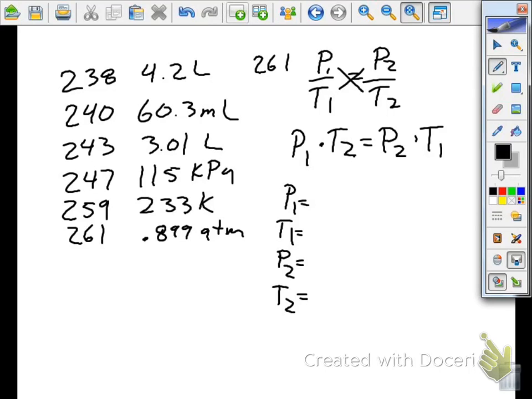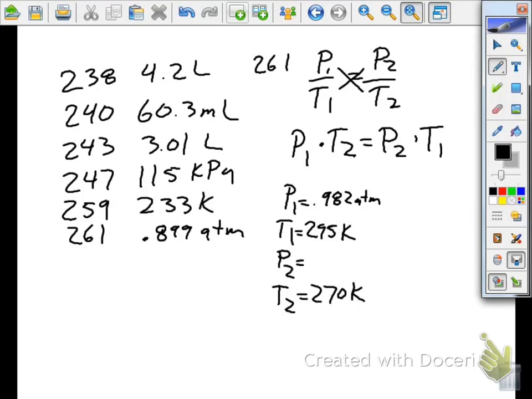So it would be 295 Kelvin. Oh, I forgot. And the pressure is 0.982. New temperature is -3, which is 270 Kelvin.